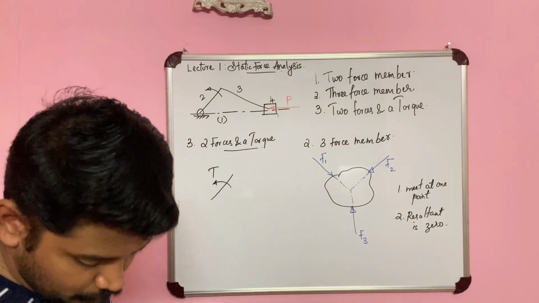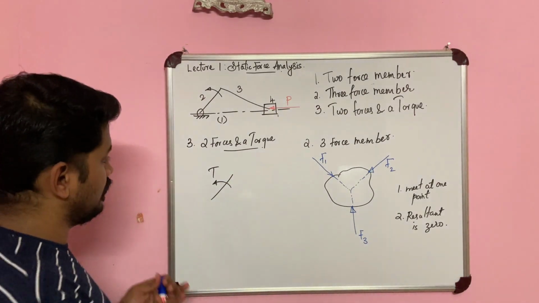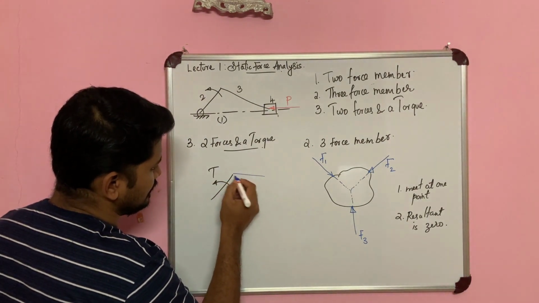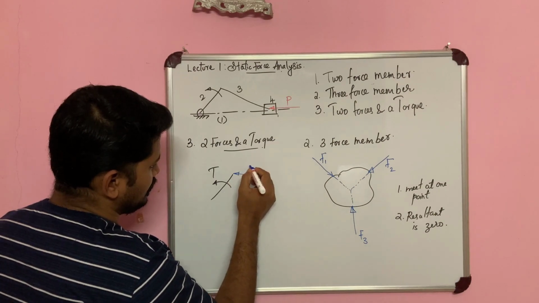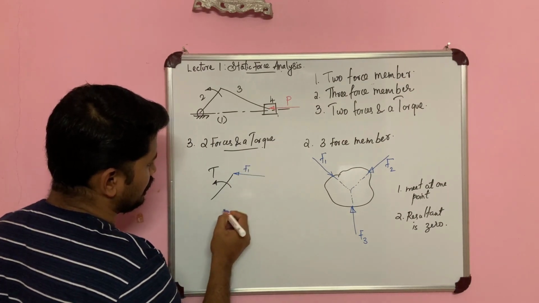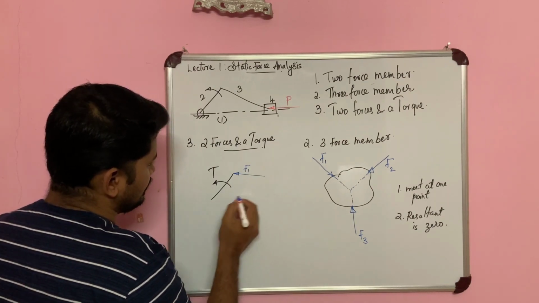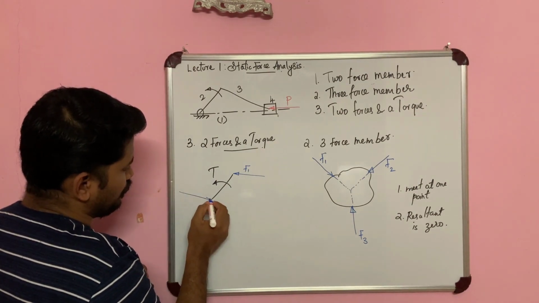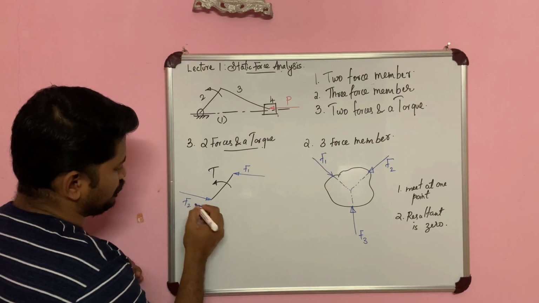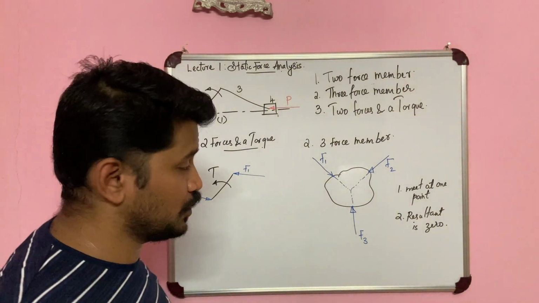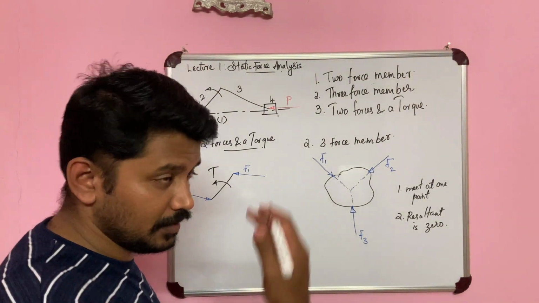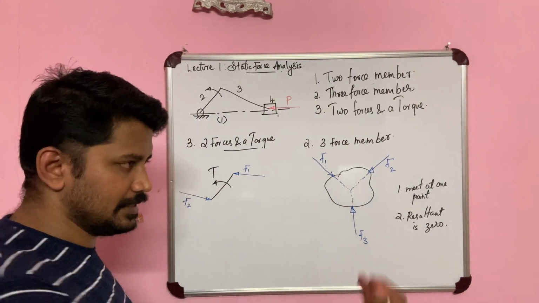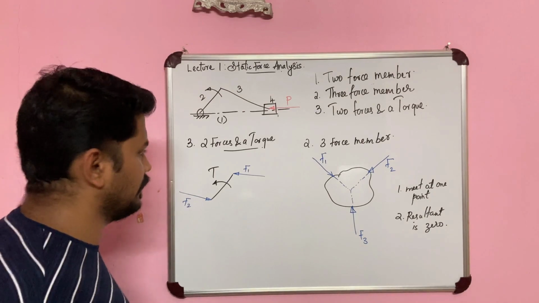So one force being like this, F1, and F2. Let us just take random forces. I am not naming the forces as per the sign convention as of now. We'll study that in the next part.